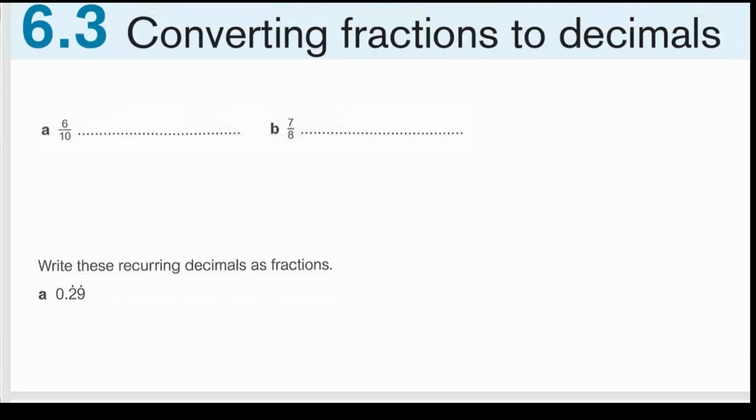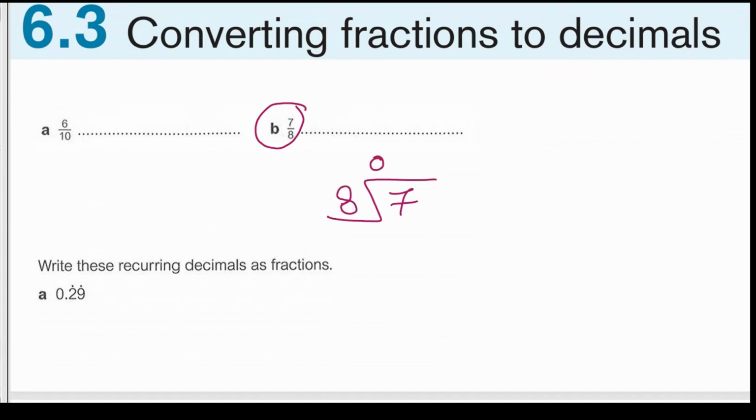Converting fractions to decimals. Now remember, it's either you do long division, so you do 7 divided by 8. So it's 0 point, because 7 is less than 8, so it's 70. And then start doing your long division. What's the closest thing to 70 in the 8 times table? So the closest thing is 64, where you have 8. Then subtract. So 70 minus 64 is 6.